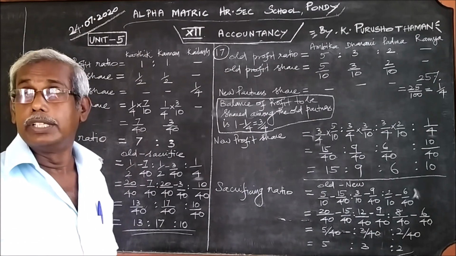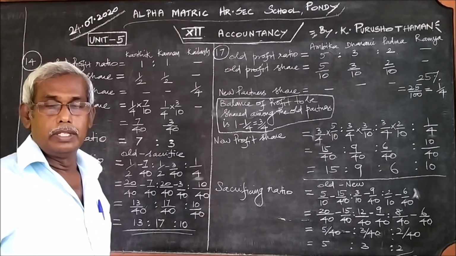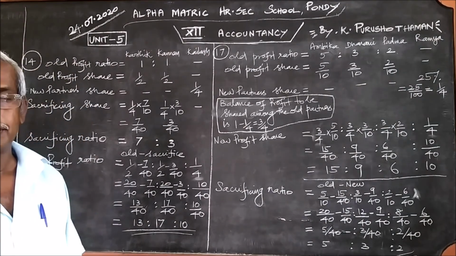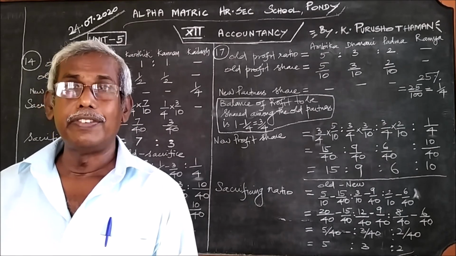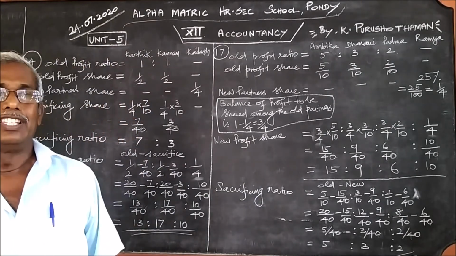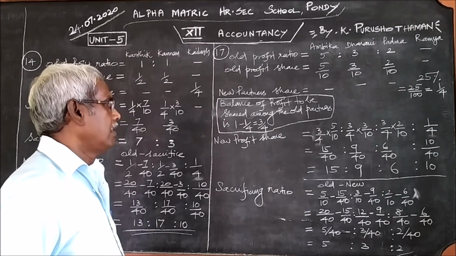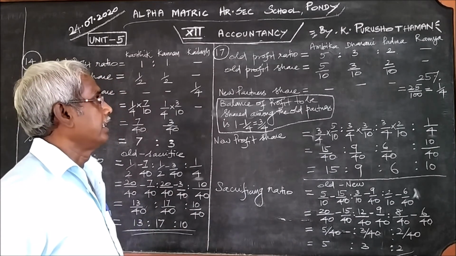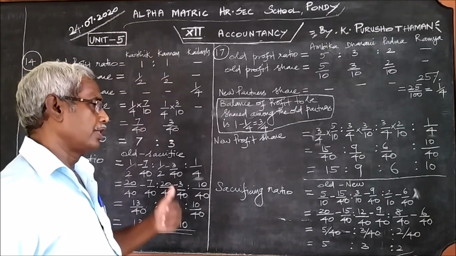This one question is over. What is the other question? The other question is the sacrificing ratio. How to find the sacrificing ratio? What was actually in the past, that is the old ratio?